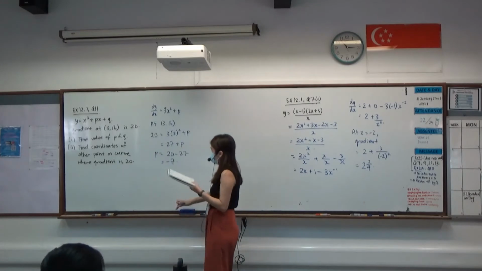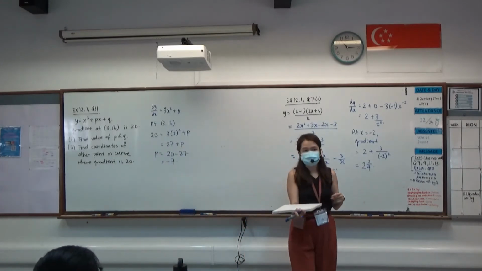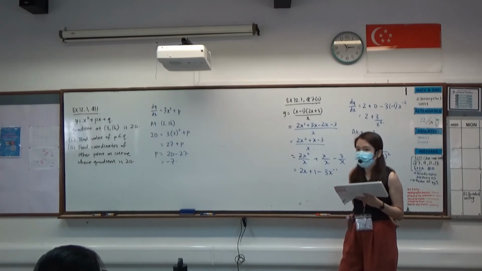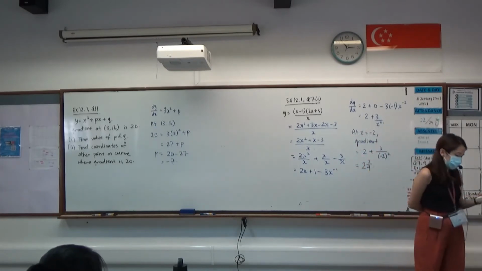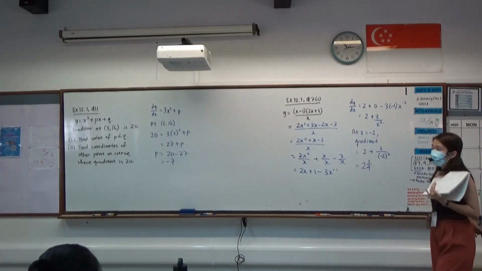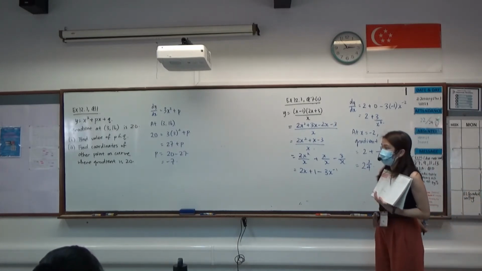So p is -7. Okay. So finding the value of p is not an issue, since we know how to form the equation. But what about the value of q?